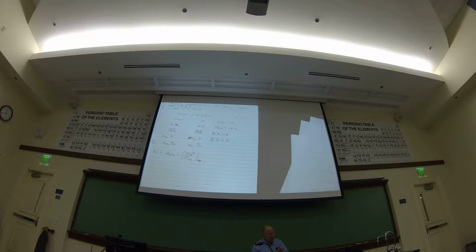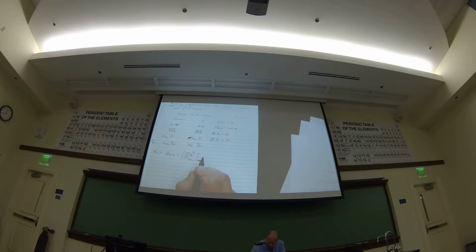I know you learn about Kp, K this and K that, but thermodynamic equilibrium constants are dimensionless. Why? They're ratios of activities, and activity is dimensionless. Always dimensionless.